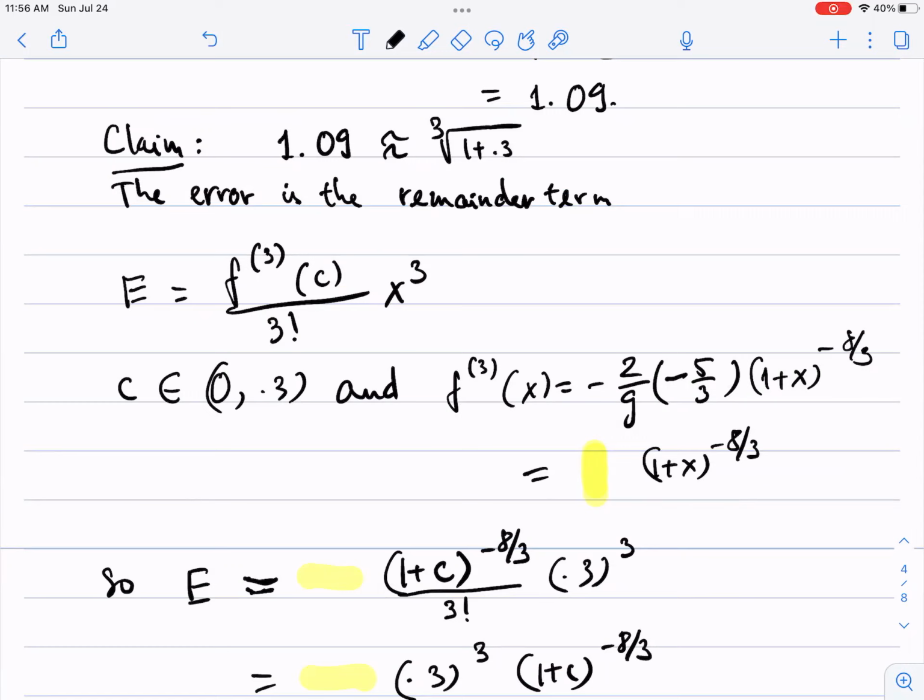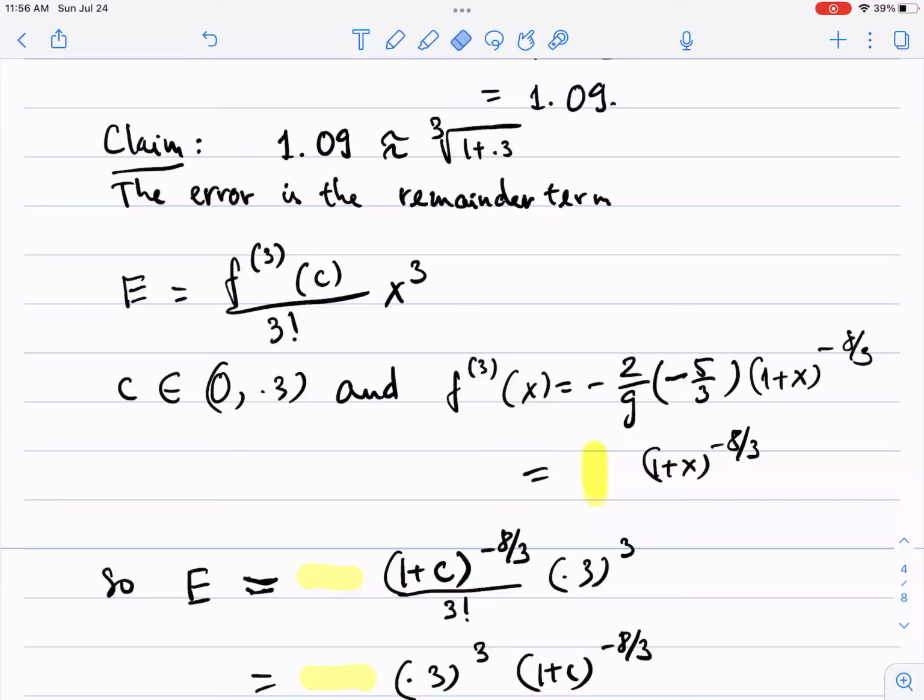So c here must be some number between 0 and 0.3. The third derivative of the function is evaluated to be minus 2/9 times minus 5/3 times (1 plus x) to the minus 8/3.